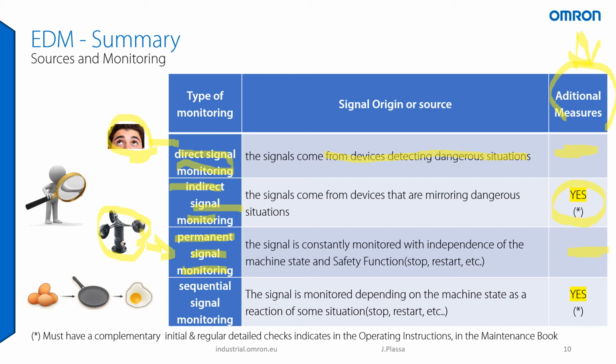Likewise with the sequential signal monitoring, because at the end we are doing a kind of sequence, starting from one point and going to the other. So we really need to maintain this function, the technical part, together with the regular inspections. So if we are supposed to be end users, we need to have in our factory skilled people to do this maintenance test and this safety test.